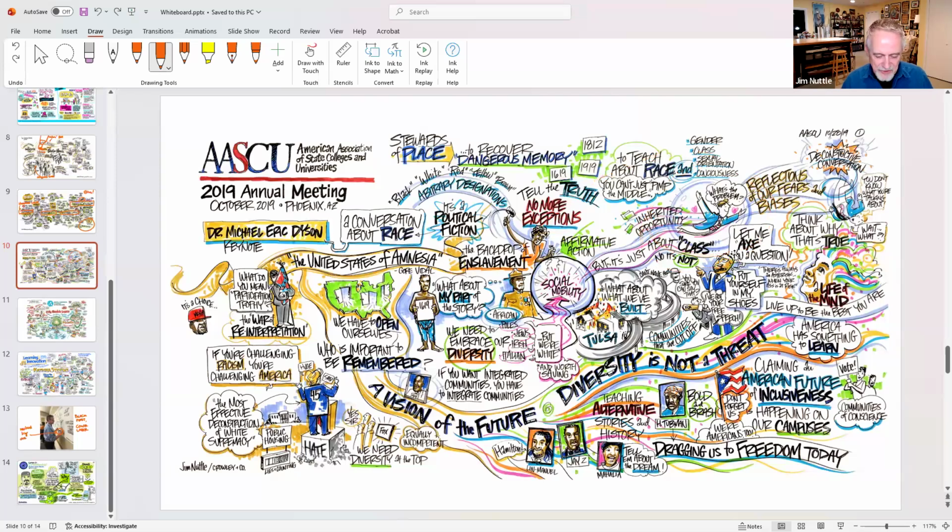He's name-checking Lin-Manuel and Jay-Z and Mahalia, and talking about the Civil War and the experience of Blacks and the 1619 Project, having to break through these bubbles, the Tulsa race riots.